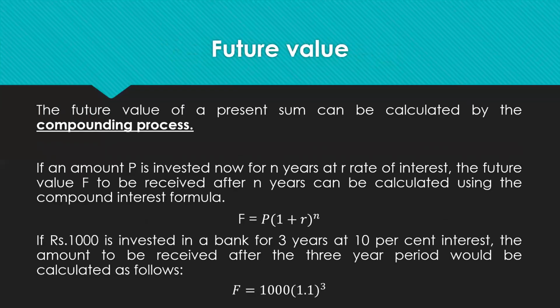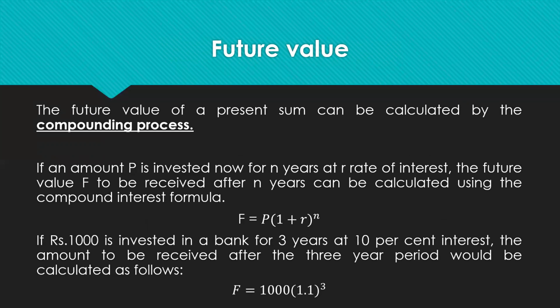The next term to be familiar with is future value. What is future value? Future value is the amount that you're going to get in the future if you invest your funds right now for a certain percentage of interest. So the future value can be calculated by using the compounding process.